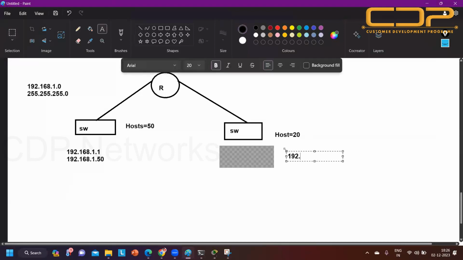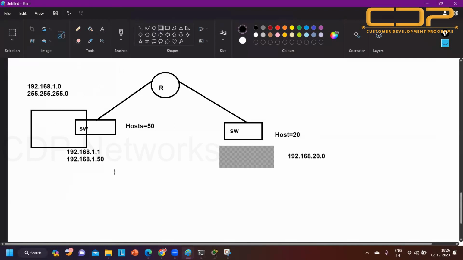192.168.20.0. Yes, they can use this network. Fine. But on this left side, how many IPv4 addresses have you wasted?